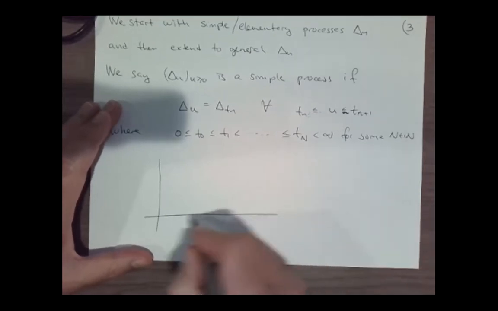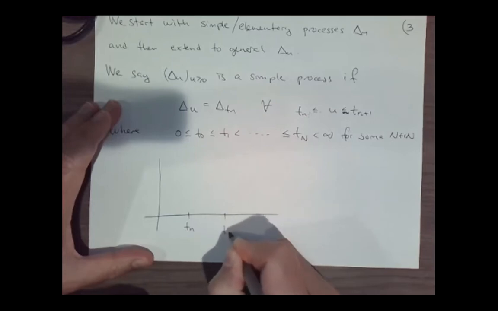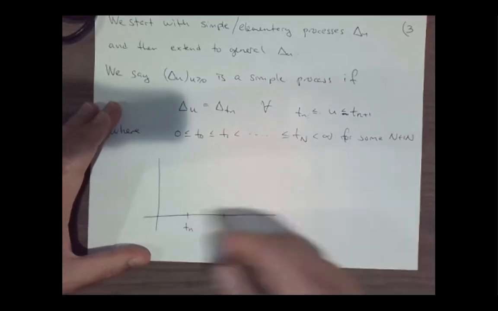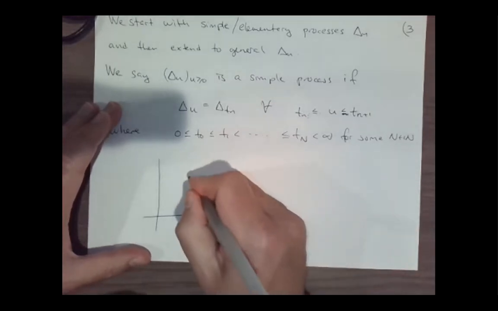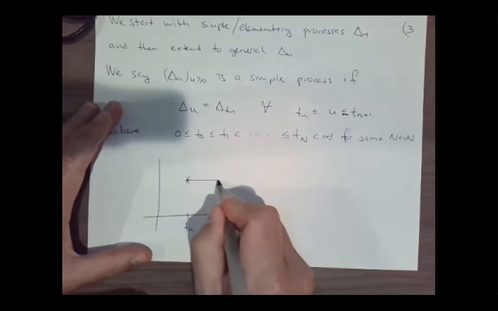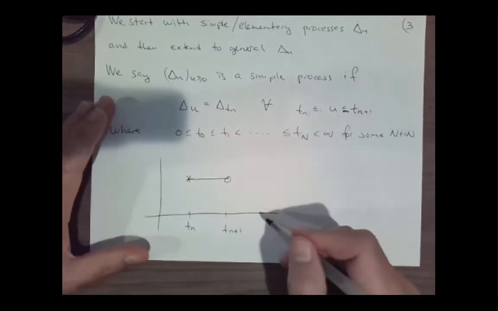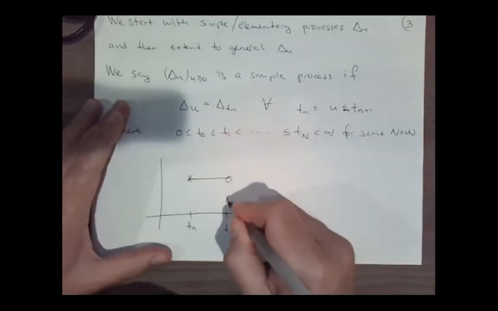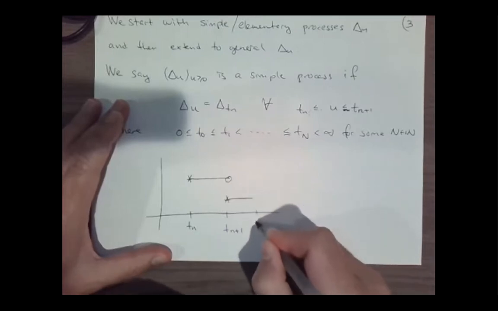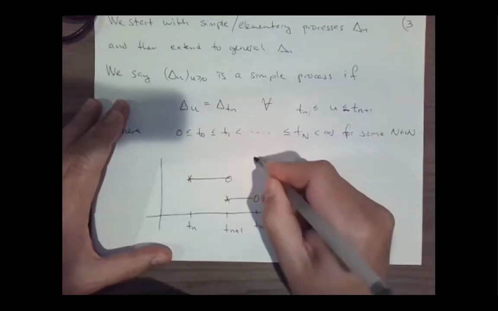So we will look at intervals Tn to Tn plus 1. In here, the value will be frozen, and it will stay flat here, and then it will stay open there. And then at the next time point, it will be something else. Tn plus 2, so stay open. It'll go like this.